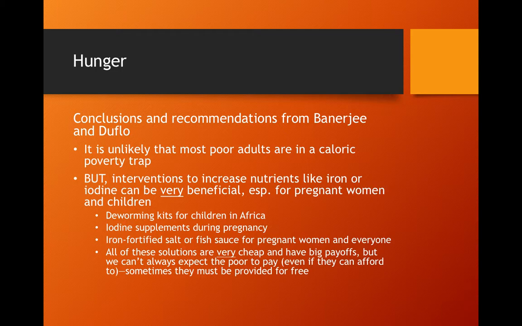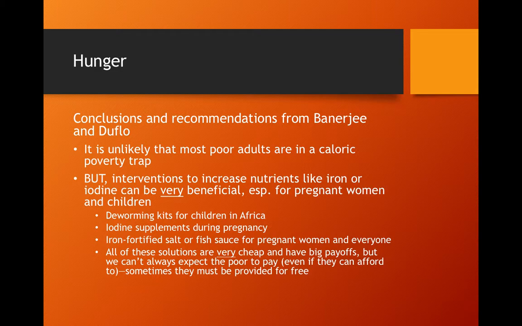So people who grow up being well nourished and whose mothers are well nourished before that person is born, those people tend to grow up to be healthier, and they tend to grow up to do better in school, and eventually that translates into differences in income. Those people tend to make more money, and so that's not really the simple kind of calorie poverty trap that people had talked about, but it is important. So Banerjee and Duflo don't think that hunger isn't a problem.